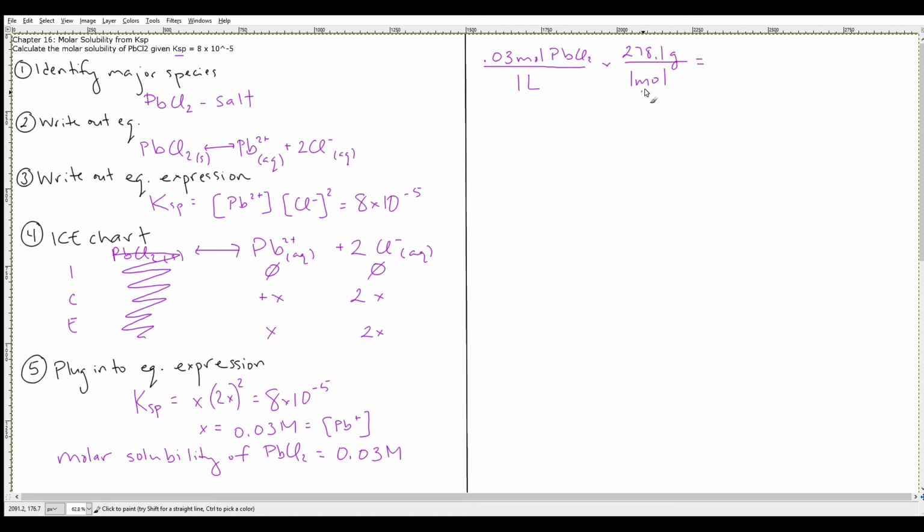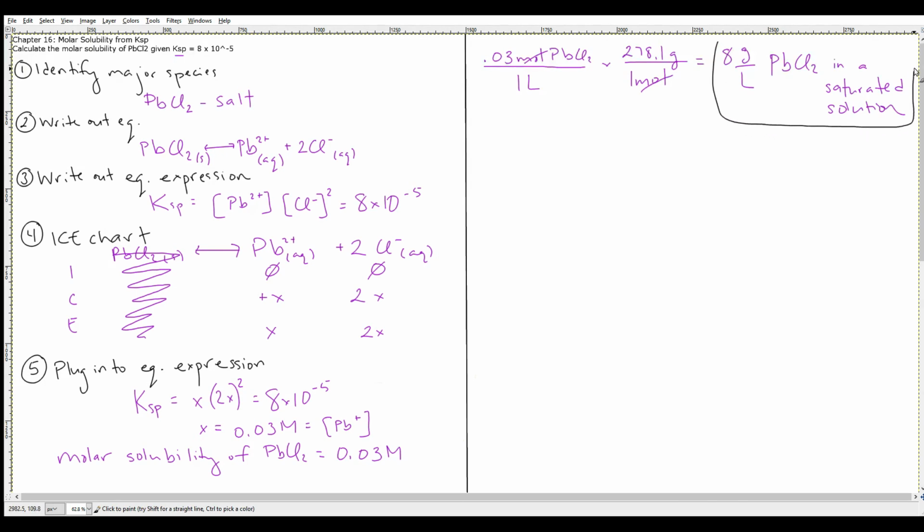And that, if I cancel out my units, will give me about 1 gram per liter of lead chloride in a saturated solution. And that's my answer.